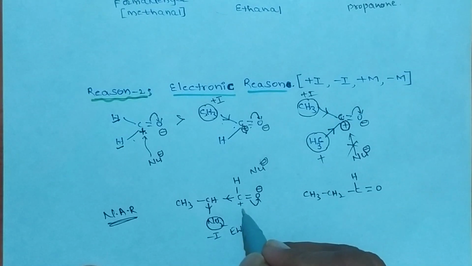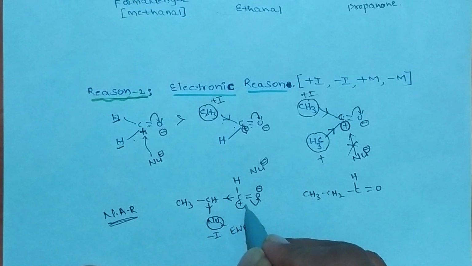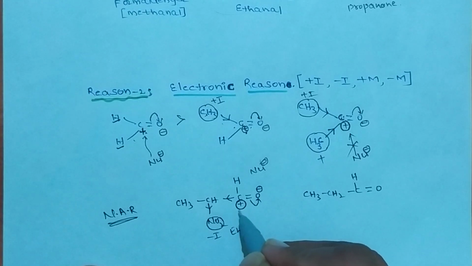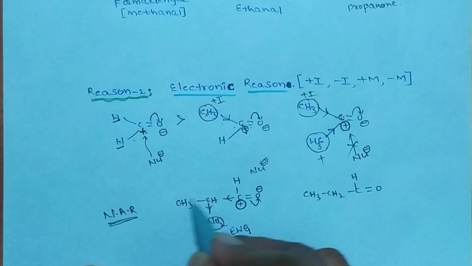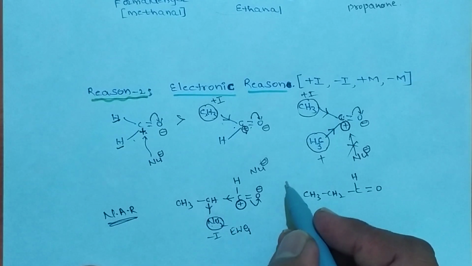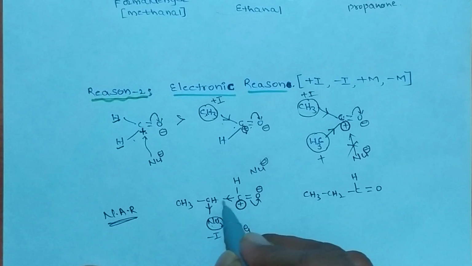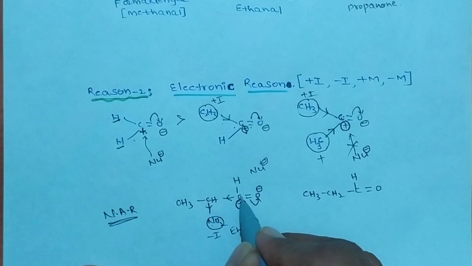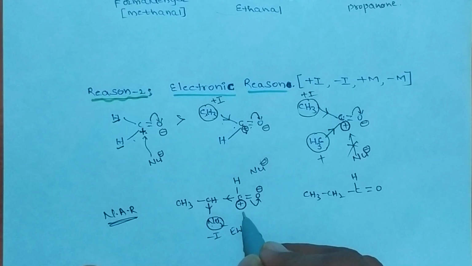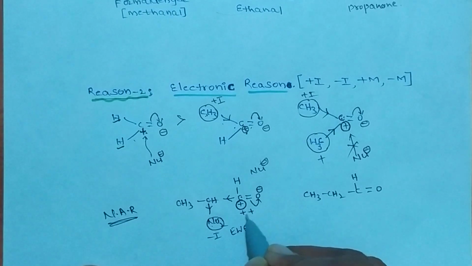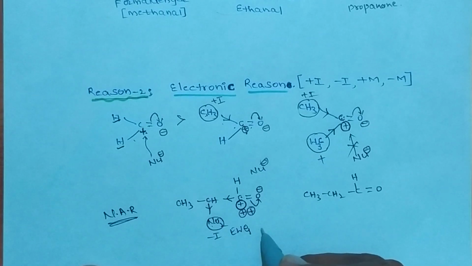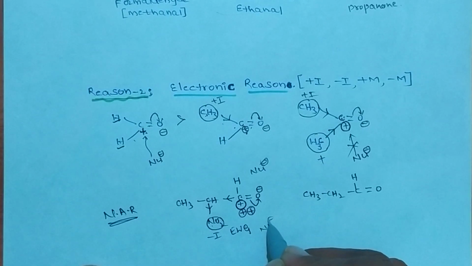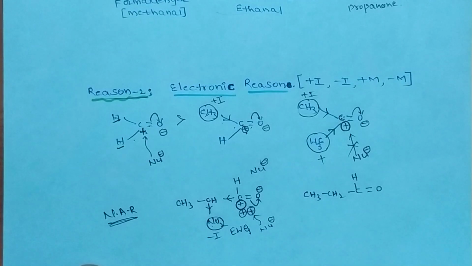So what will happen? The positive center on this carbonyl carbon increases. This carbon is withdrawing the electrons from this carbon. So the positive charge on this carbonyl carbon increases. Whenever the positive charge increases, the attacking of the nucleophile is what? Easy.